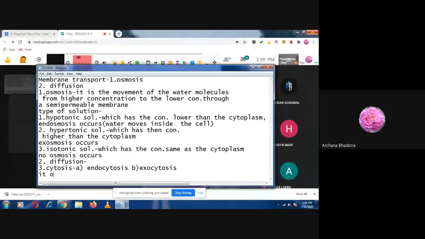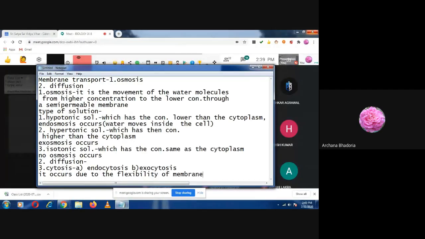It occurs due to the flexibility of the cell membrane. Understood everyone?